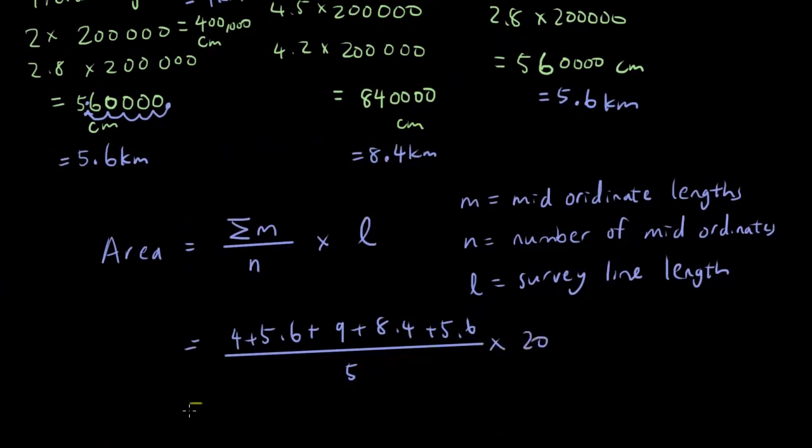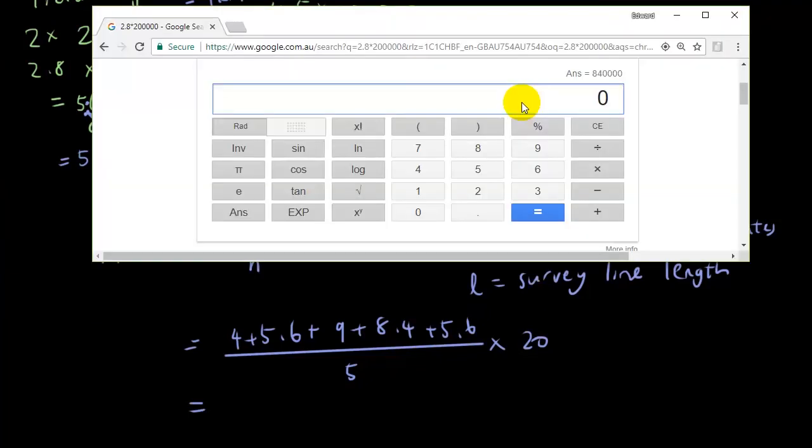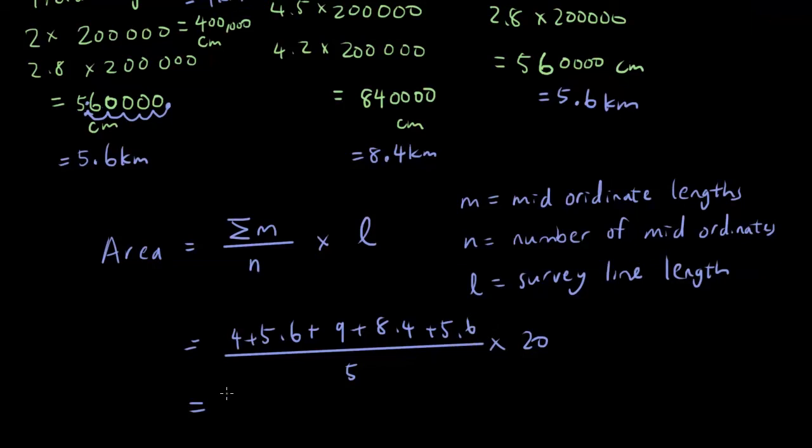Now we just type all of this into the calculator: 4 plus 5.6 plus 9 plus 8.4 plus 5.6 divided by 5 times 20, and you get 130.4. And what are the units? We worked in kilometers, so it's kilometers squared.